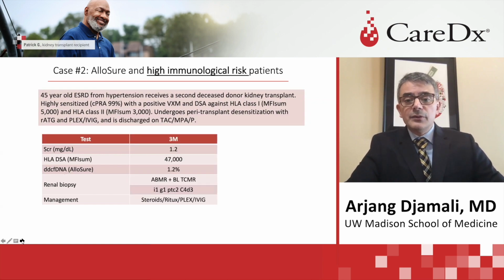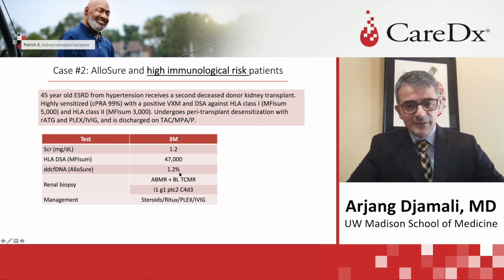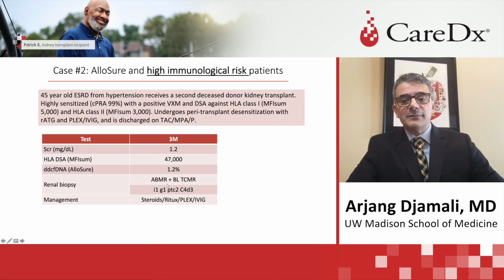At the 3-month protocol biopsy, because he is sensitized, serum creatinine again is at baseline, DSA are elevated, AlloSure is elevated, and the biopsy shows mixed rejection with I1, G1, PTC2, C4D3 lesions.